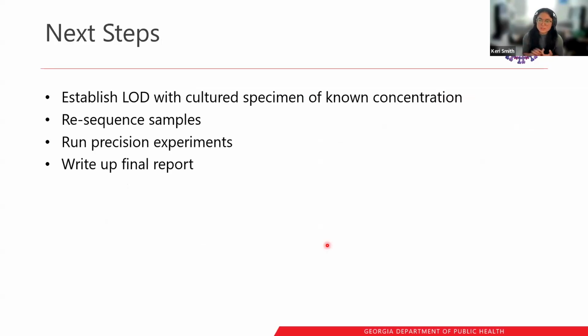I also plan to resequence some of the samples that need confirmation. Once I'm done with that, I'll run the precision experiments that will cover repeatability and reproducibility. And once all validation metrics pass and there's no need to repeat anymore, I'll write up a final report.